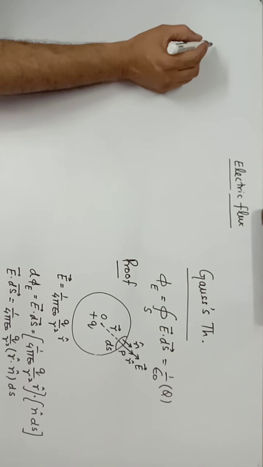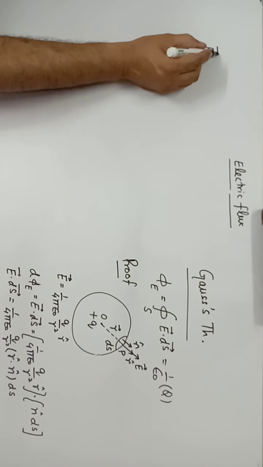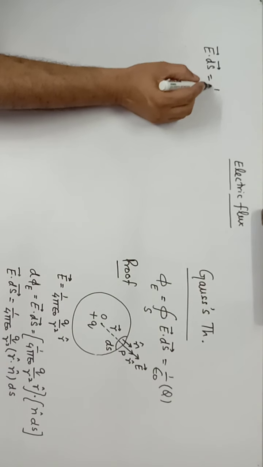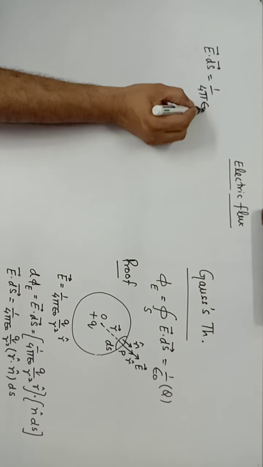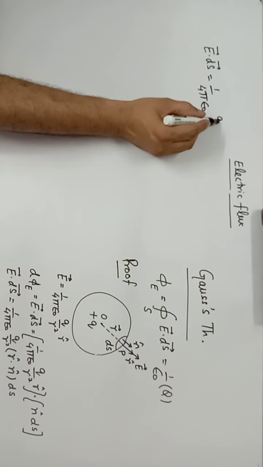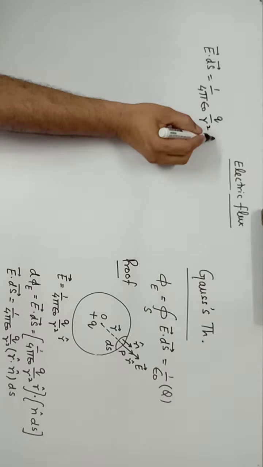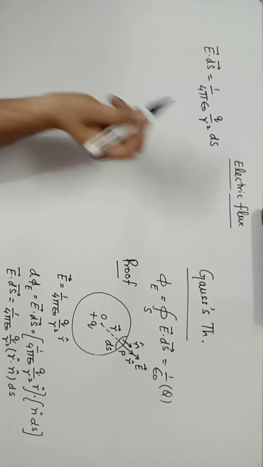Since r cap and n cap are in the same direction, E dot ds equals 1 upon 4 pi epsilon naught Q upon r square ds.